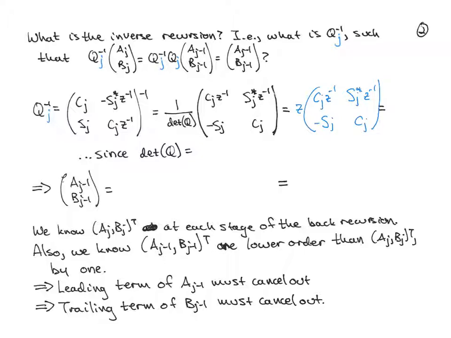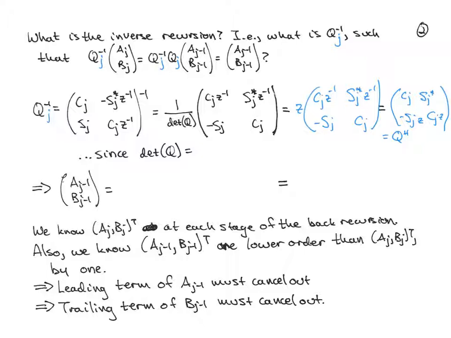which is equal to c sub j, if we multiply it through by z, c sub j, s sub j complex conjugate, minus s sub j times z, and then c sub j times z, which is equal to q Hermitian, it turns out.